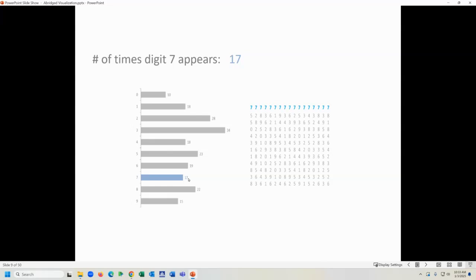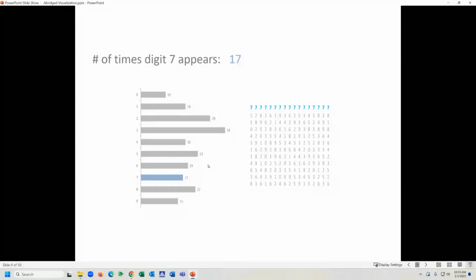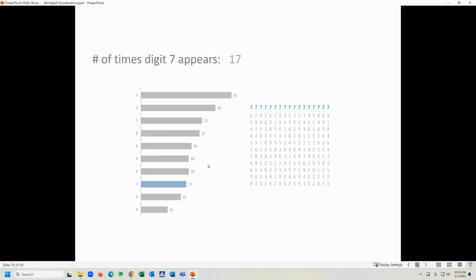Usually when I do this with live classes, a few people, maybe even half the class, will get 17. Occasionally you'll see a 16 or 18, and then pretty rarely you see some numbers that are different than that. Much more valuable than this bar chart is to actually order it. Anytime you do a bar chart, I would suggest ordering it either in ascending or descending order.